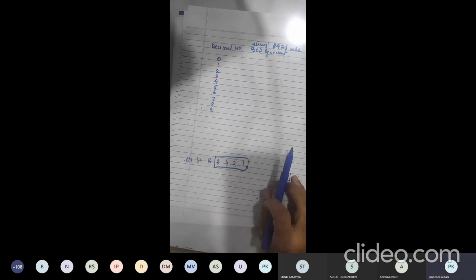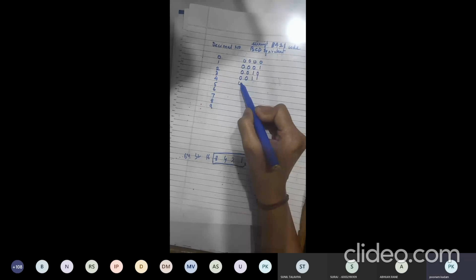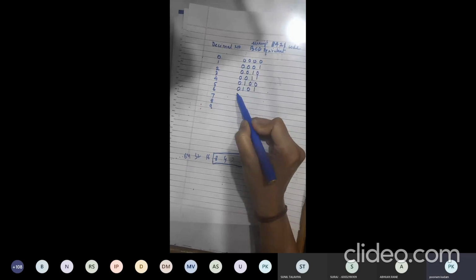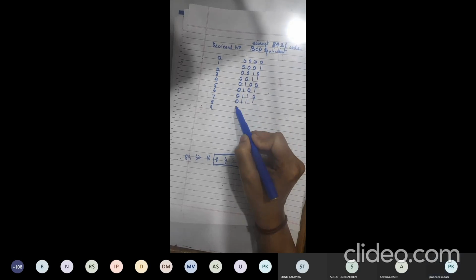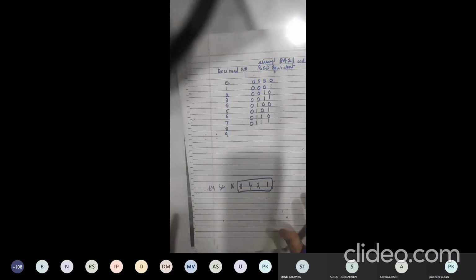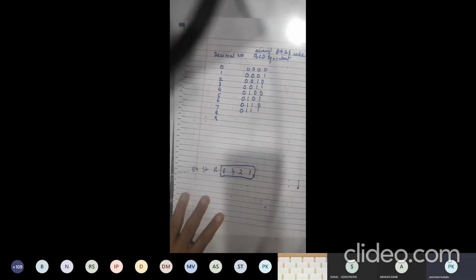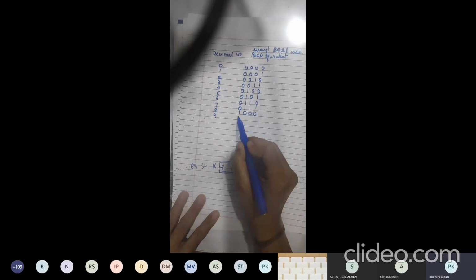You know that 0 in binary is 0, 0, 0, 0. 1 in binary is 0, 0, 0, 1. 2 is 0, 0, 1, 0. 3 is 0, 0, 1, 1. 4 is 0, 1, 0, 0. 5 is 0, 1, 0, 1. 6 is 0, 1, 1, 0. 7 is 0, 1, 1, 1. 8 is 1, 0, 0, 0. And 9 is 1, 0, 0, 1.